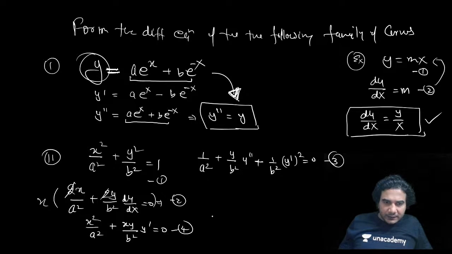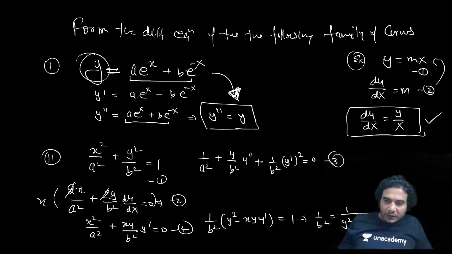So you'll get 1 upon b square into y square minus xy y dash is equal to 1. See this. And from this you'll get 1 upon b square as 1 upon y square minus x y dash. Similarly you'll get a square also. And once you get a square and b square, put them in this equation.